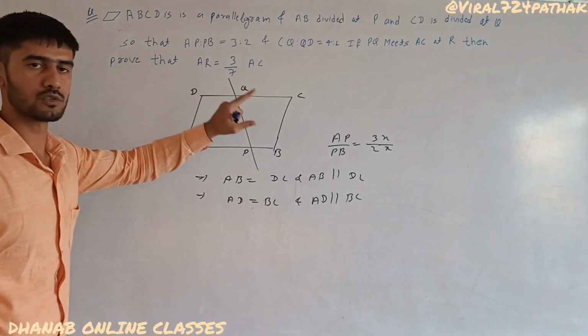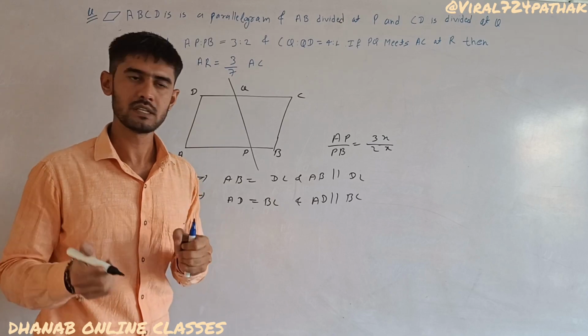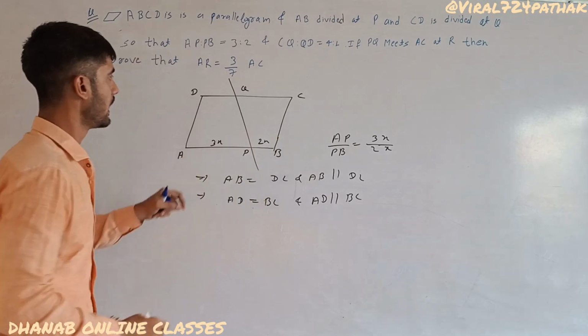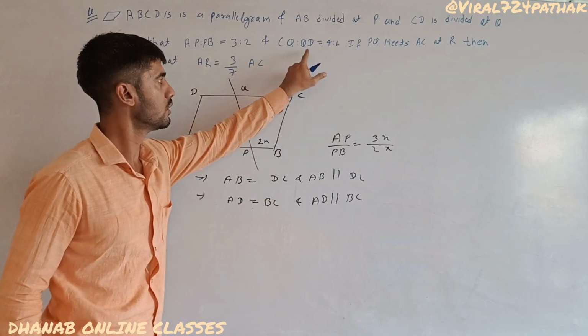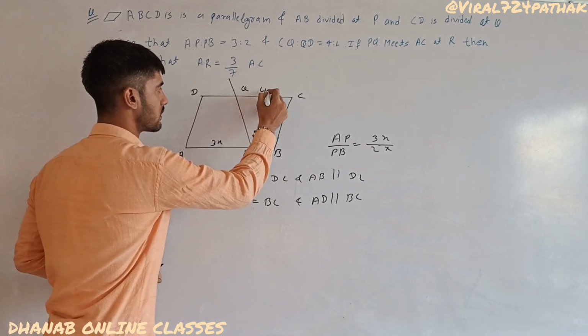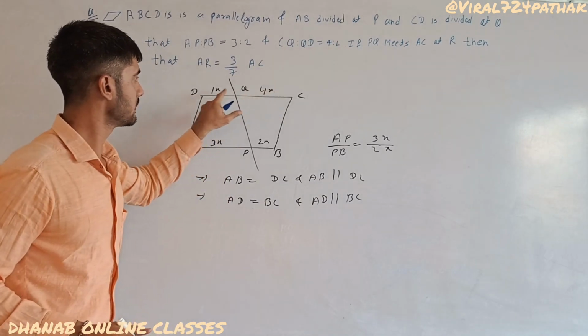The ratio is 3 to 2, so there will be a common number which is cut out. Let's say that number is x. So this will be 3x to 2x, and CQ to QD: the ratio CQ to QD is 4 to 1. So CQ is 4x and this is 1x. And why do we take this as x?